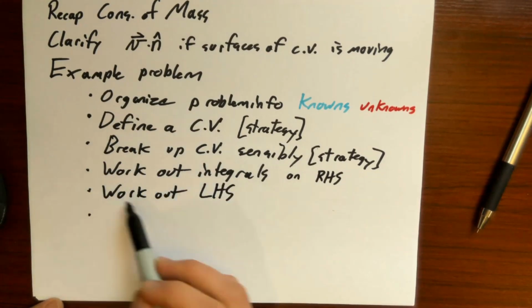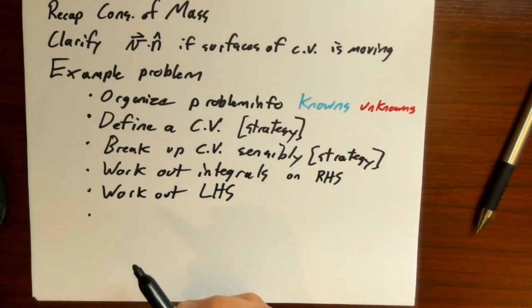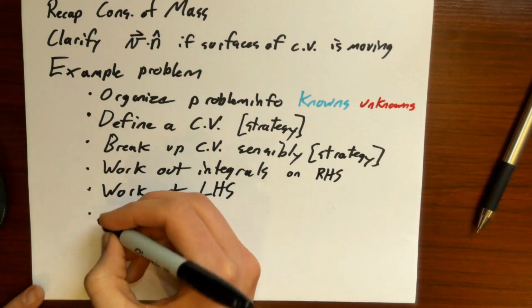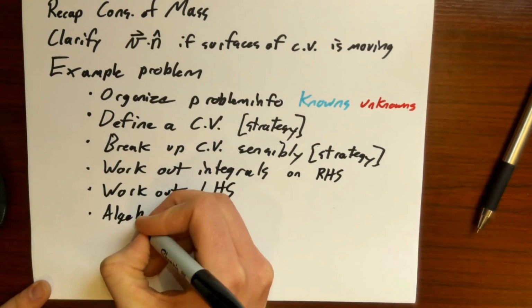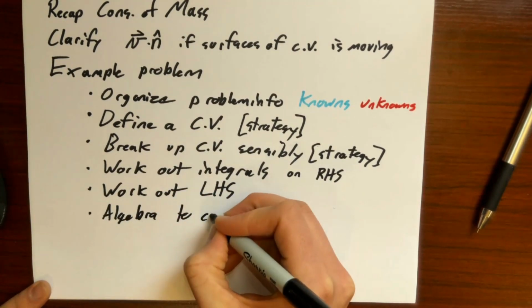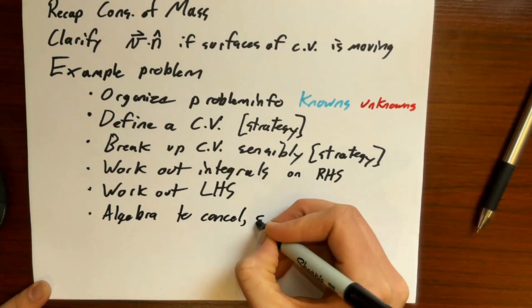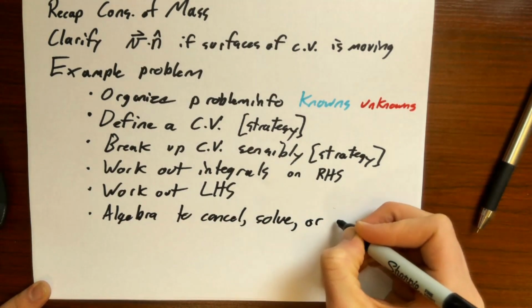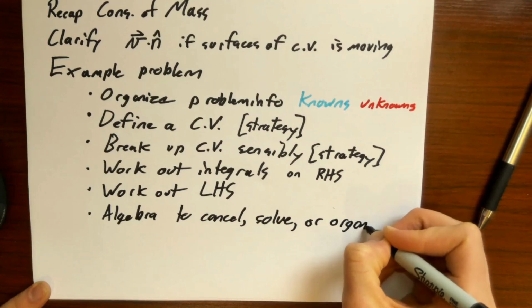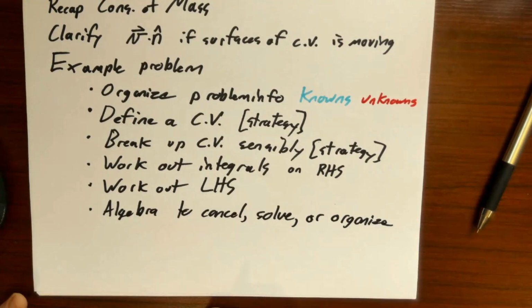Then, once we've done these integrals and worked out what's going on on the left-hand side, oftentimes we might need to do a little bit of algebra to cancel, solve, or organize our results in some way.